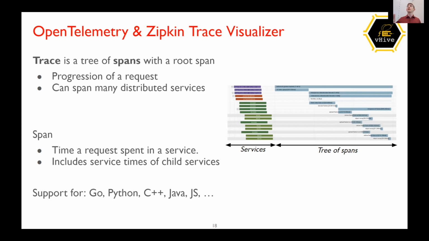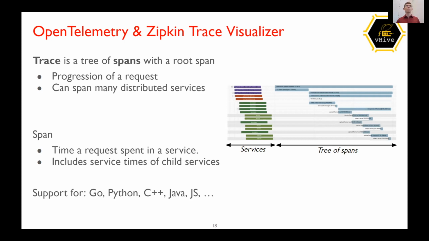A span is the time spent in a very specific service, which includes services called by this service. So if you have a chain of services, then the span for the topmost service will include the time spent by all services that it calls until it returns to the original top service, which then returns to the user. This gives us a tree of spans, which we can then assemble into the final trace.